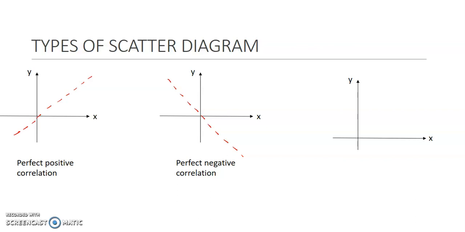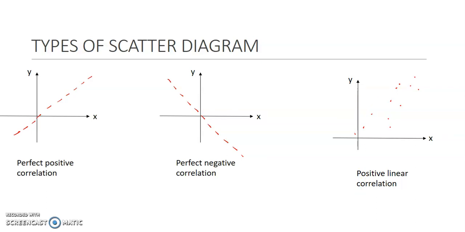Next, if you get an increasing form of scatter diagram, something like this, not really a perfect straight line, but the pattern is increasing, you can conclude that the two variables X and Y have a positive linear correlation.